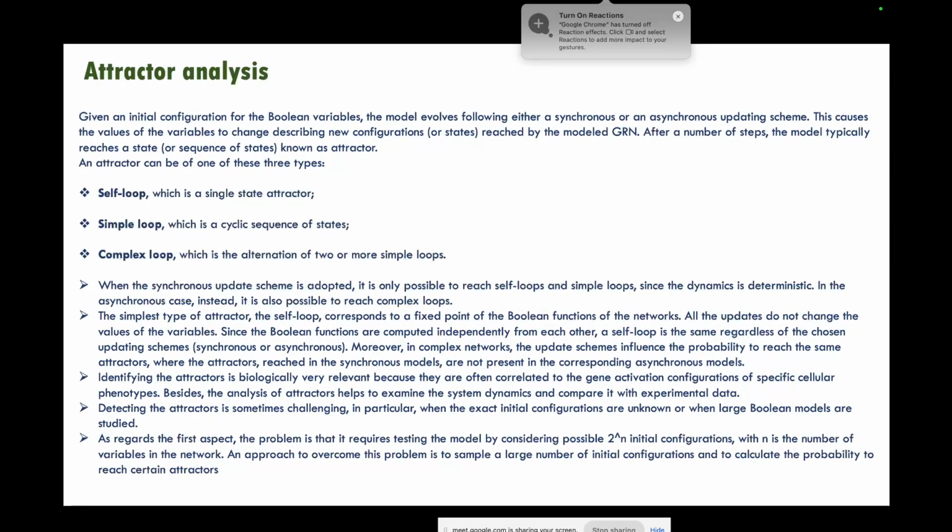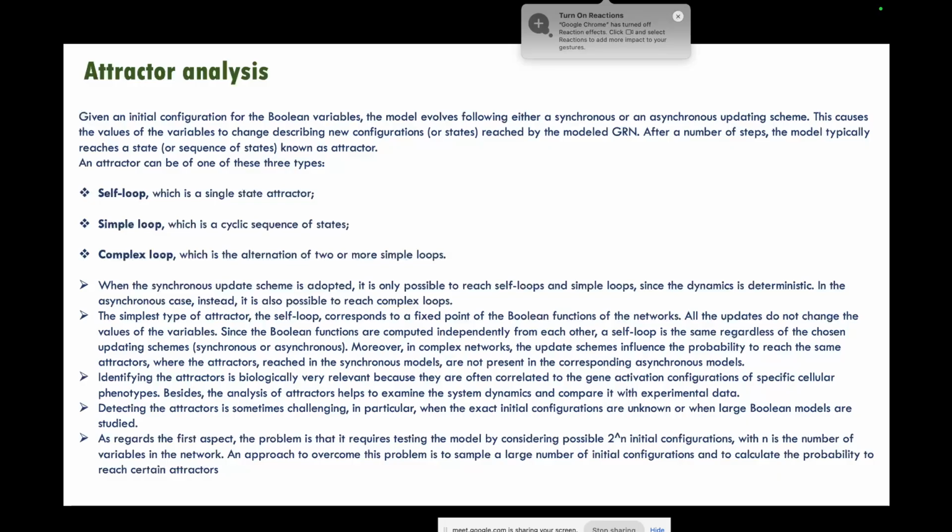Okay, so next we come to the concept of attractor analysis. So what is it? Assume you are given an initial configuration of the Boolean variables. The model evolves following either a synchronous or an asynchronous updating scheme, and this causes the values of the variables to change, describing new configurations reached by the modeled GRN.